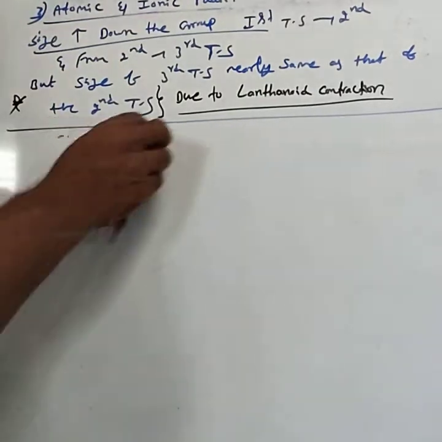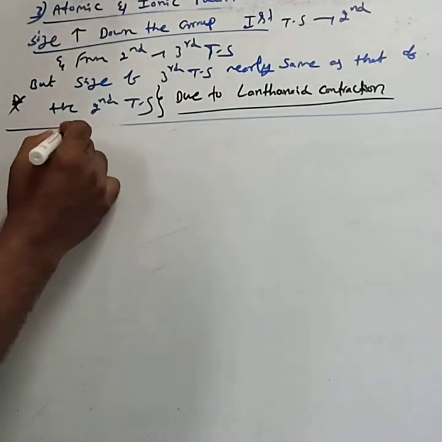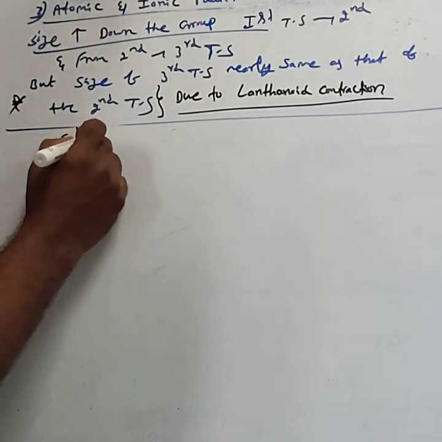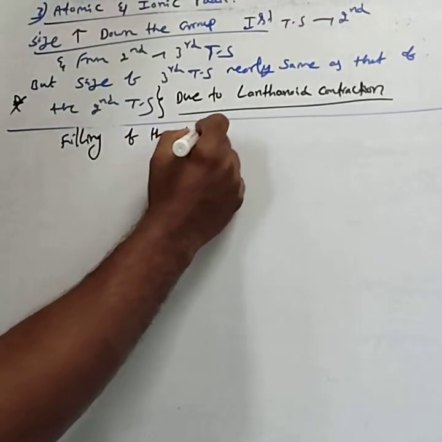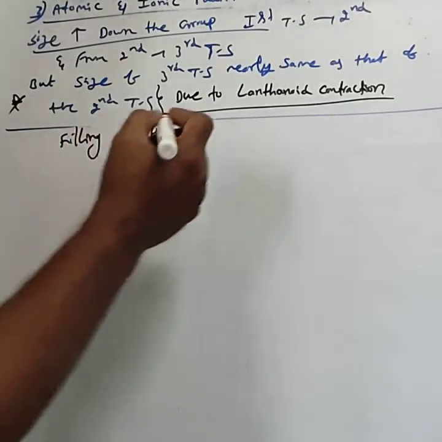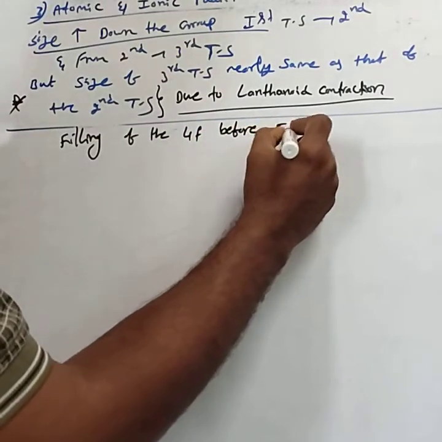Then the exact definition of lanthanide contraction is the filling of the 4f orbital before the 5d orbital.